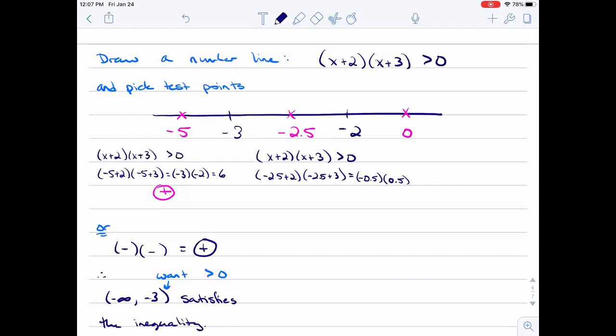Looking at these, right, I've got a negative times a positive, and so negative 0.5 times 0.5 puts me at negative 0.25.